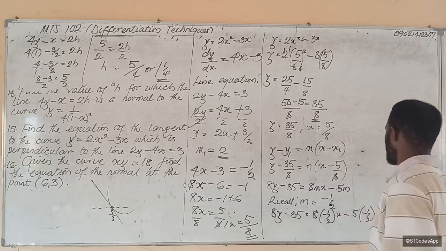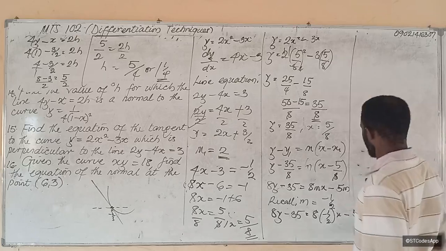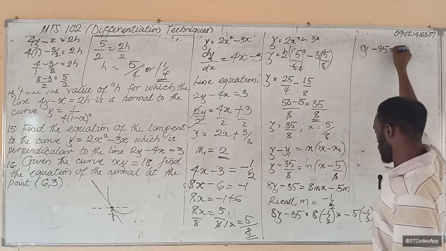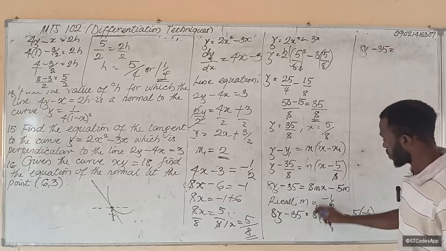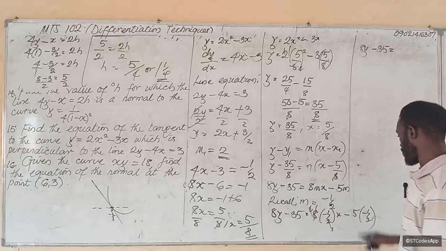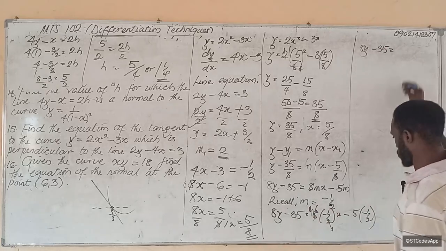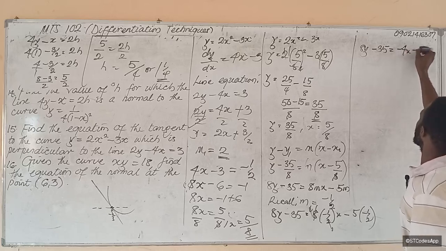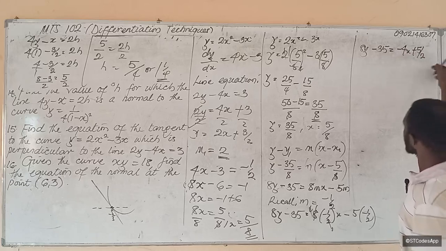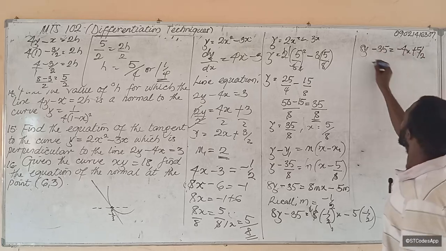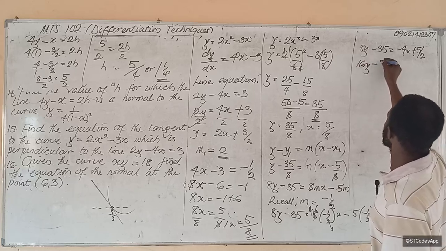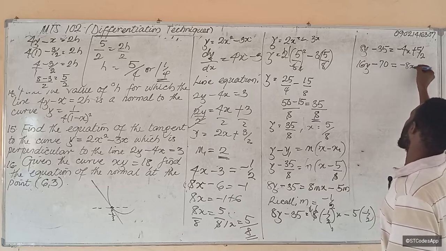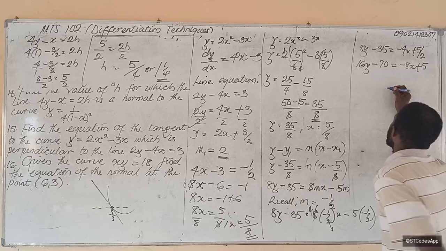So we have 8y minus 35 is equal to minus 4x plus 5 over 2. Multiply through by 2 again. So you have 16y minus 70 is equal to minus 8x plus 5.